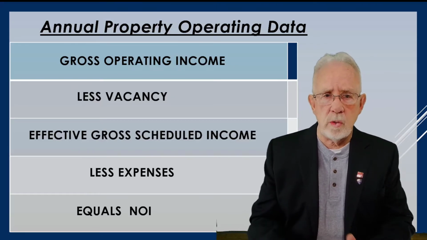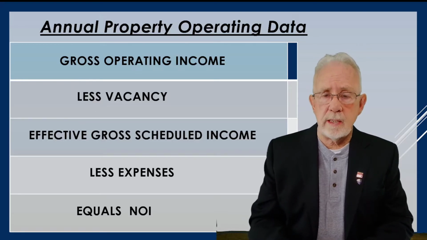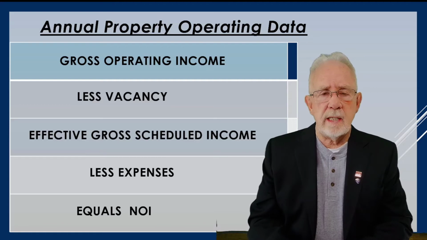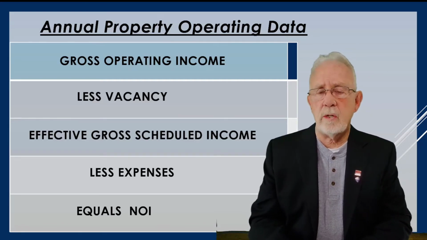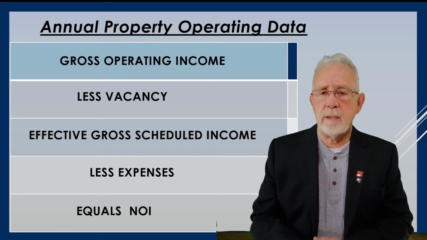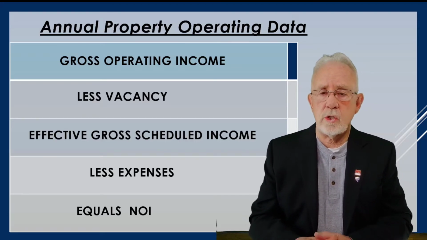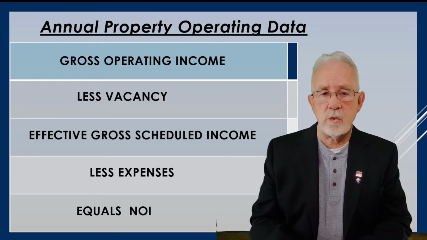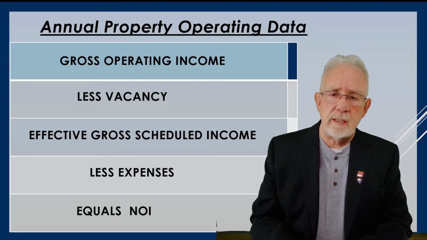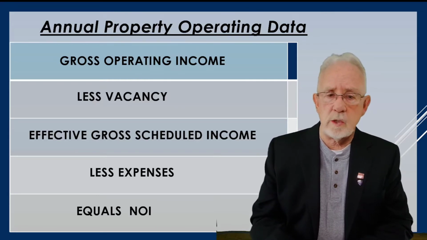And you never want to put reserves in the expense statement, and I've seen that in expense statements. And I've seen interest deduction, where they take the interest on the loan and put it in the expense statement and try to deduct that. What that does is it just throws your NOI out of balance, and your NOI then is not true. So the interest deduction and the reserves do not go on this expense statement.